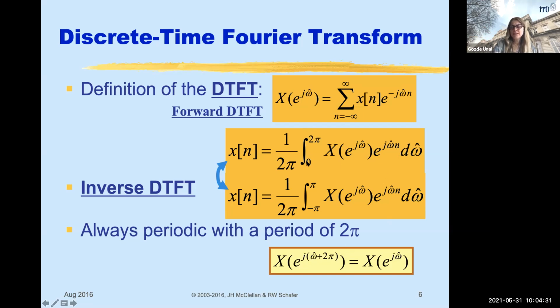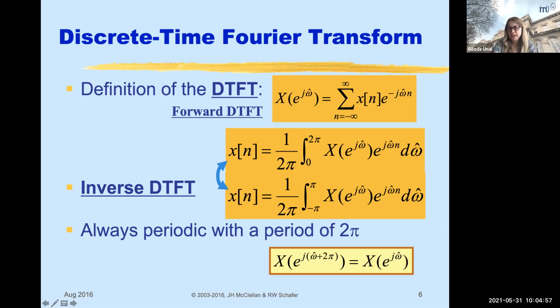What is different from last week, since we've been studying continuous time Fourier transform, is that omega could take any value, minus infinity to infinity, the frequency. Now, again, we are back to, remember from our frequency response weeks, a periodic normalized radian frequency. It has a period of 2 pi.